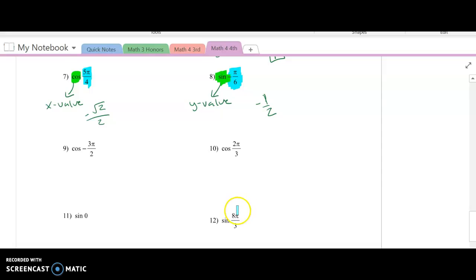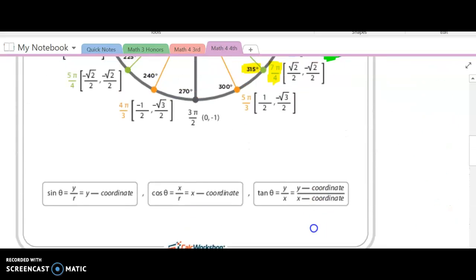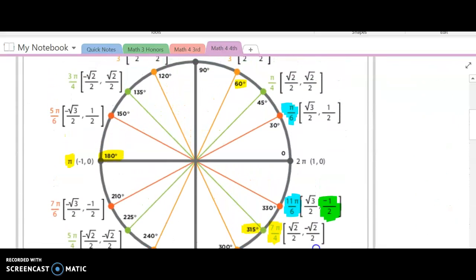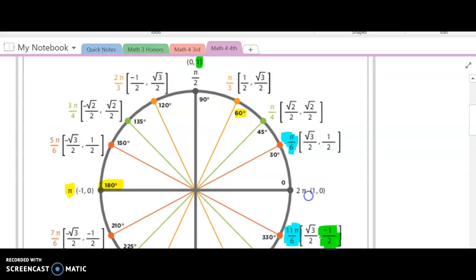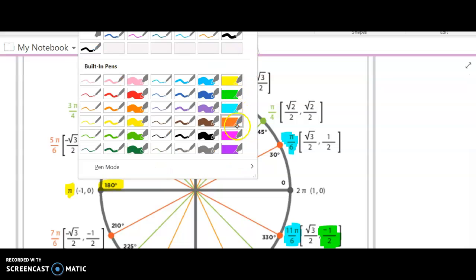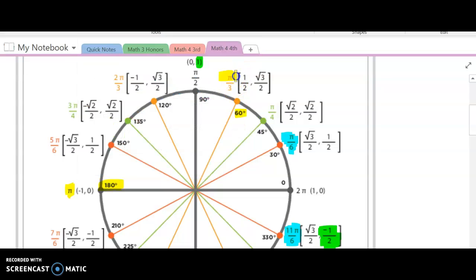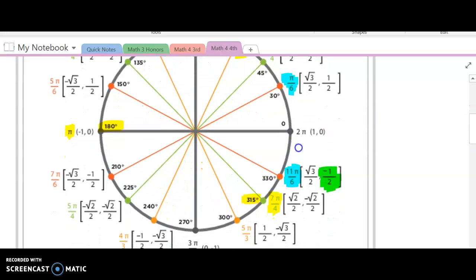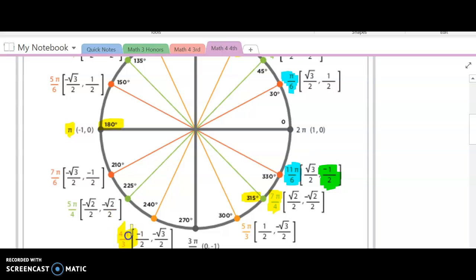Now, if I did my where and what again, you would find that 8 pi over 3 does not exist on this unit circle, but it actually kind of does. So if you notice, we have pi over 3, 2 pi over 3, 4 pi over 3, and 5 pi over 3.